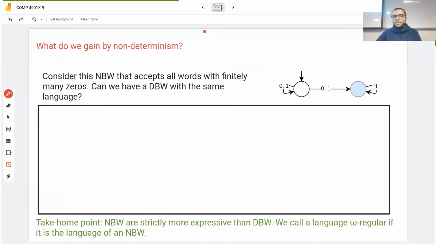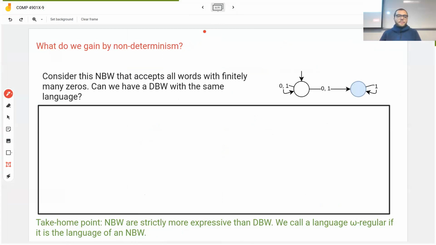Now, one theorem that you've probably seen about finite automata is that deterministic and non-deterministic finite automata have the same expressive power. Which means that if you have a language that has a non-deterministic finite automaton, that language also has a deterministic finite automaton.